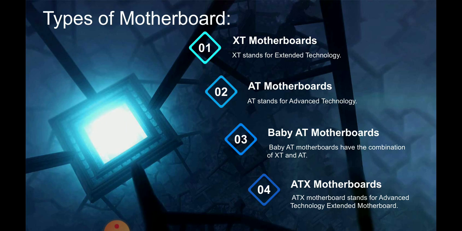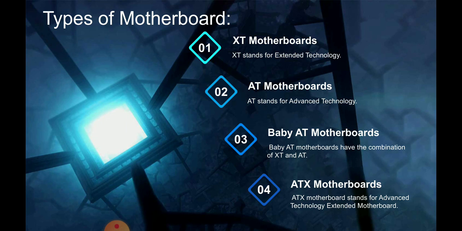Baby AT motherboards are a combination of XT and AT. That is, they include both the features of XT and the features of AT. So here slot type processors, socket and PGA processors are also used, and for memory both SDRAM and DDRAM slots are used, and for other purposes PCI and ISA slots are used.